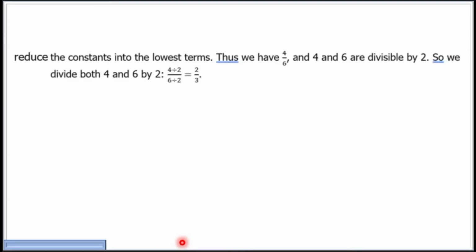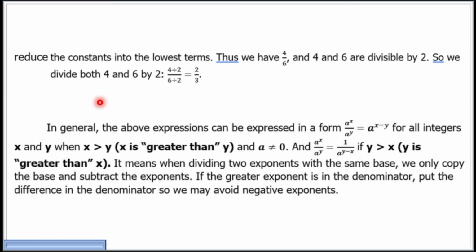So, thus we have 4 over 6 and 4 and 6 are divisible by 2, so we divide both 4 and 6 by 2. So that's why we have 2 over 3. Okay.